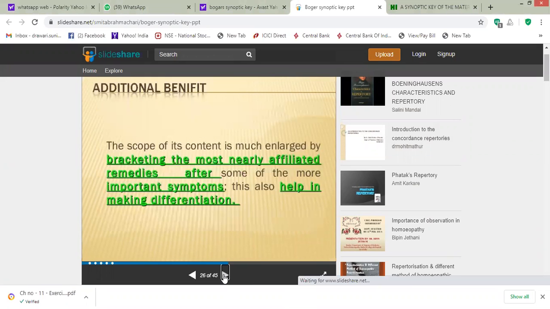What is the additional benefit of this book? The scope of its content is much enlarged by bracketing the most nearly affiliated remedies after some of the more important symptoms. This also helps in making differentiation.